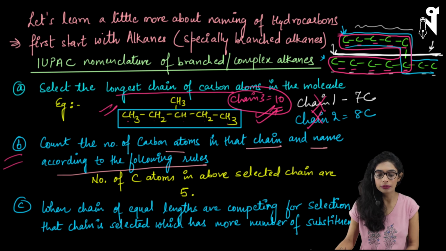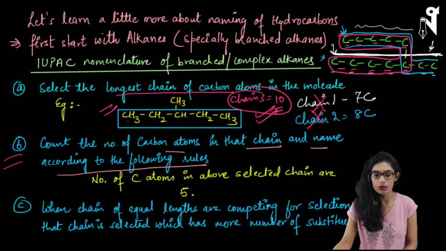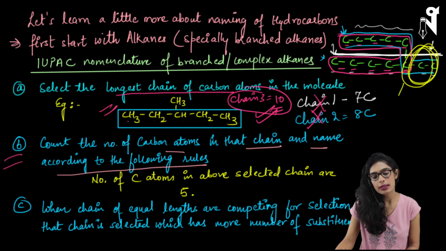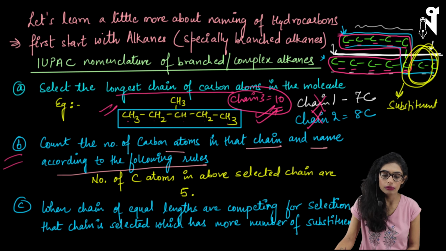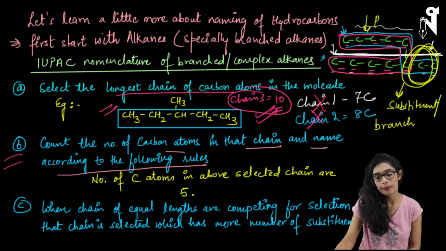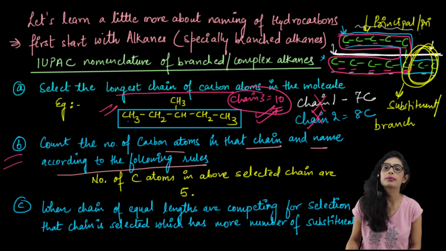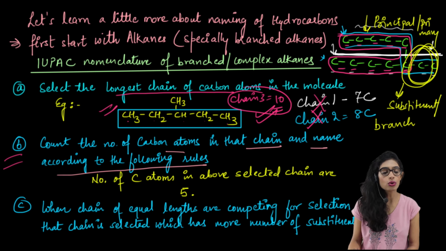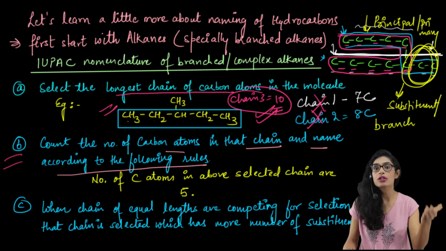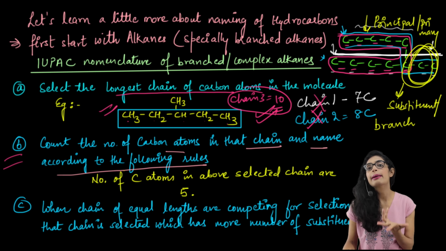So this leftover part of this compound is called the substituent or branch, and this is called the principal or primary chain. So the next rule says that we have to count the number of carbon atoms in the principal chain, and then follow the next set of rules to name the compound.